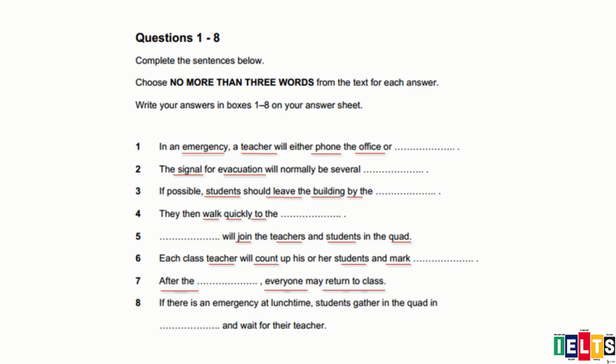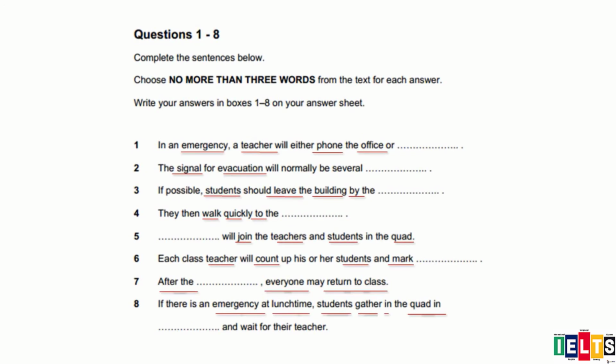First, underline any keywords. I would underline emergency, lunchtime, students gather in quad in. Then go back up to the text and scan the text for the answer. Answer 8 should appear after answer 7 in the text, so start reading from where you got answer 7 from.